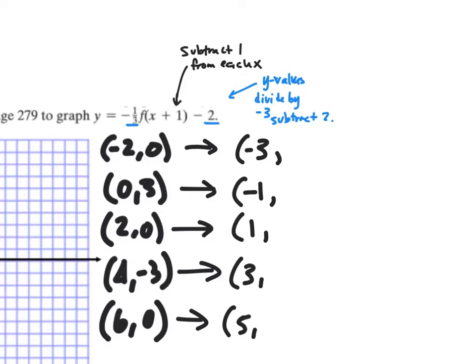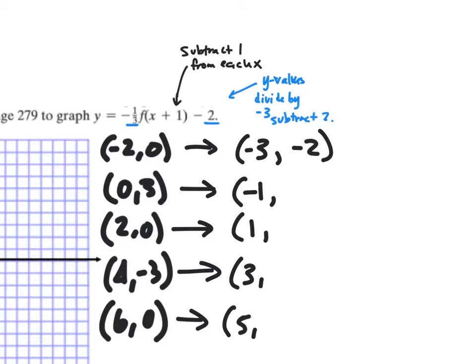All I'm doing is taking my x values and subtracting 1 from each, and that's where this +1 comes in. Now take the y values, divide by -3, and then subtract 2. We're going to get this: divide 0 by -3, which is just 0, and then subtract 2, which is -2.